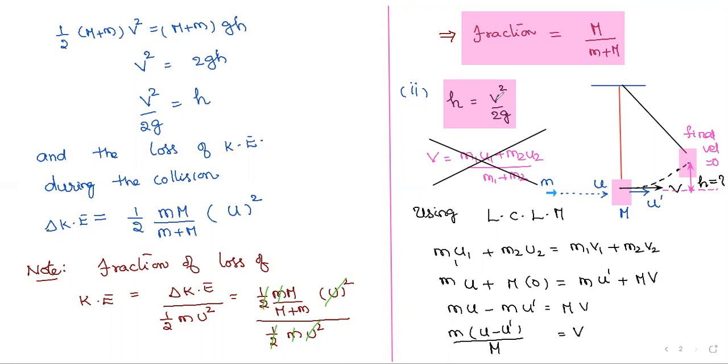Surely not. That's why whatever you substitute in place of V is not the same as in case 1. Since the V values are not the same, even though the formula is the same, the heights you get here and there are different.